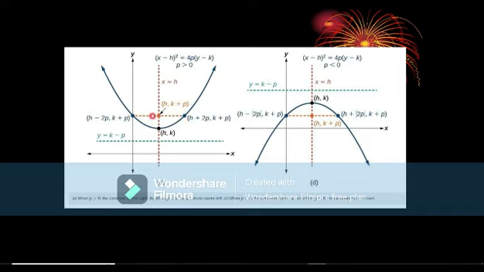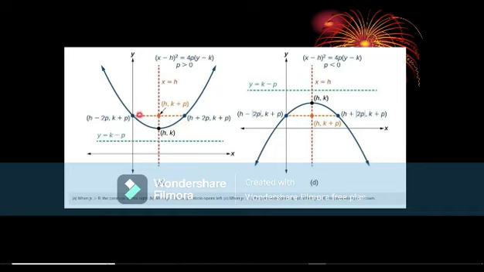So here, if the parabola opens upward, then this will be one of the endpoints of the latus rectum or focal diameter: (h − 2p, k + p). This one is also (h + 2p, k + p). You might be asking, why is it 2p?